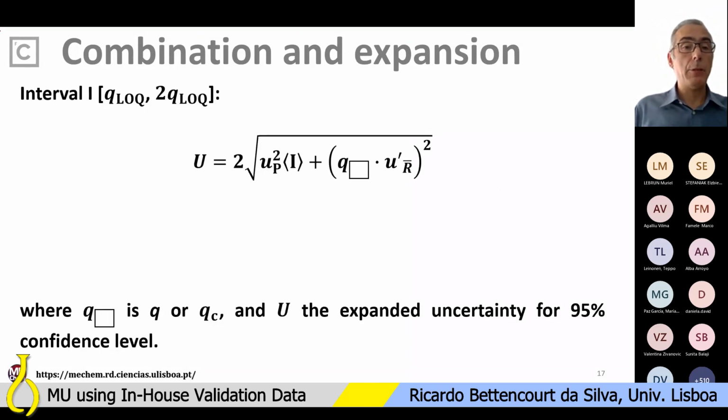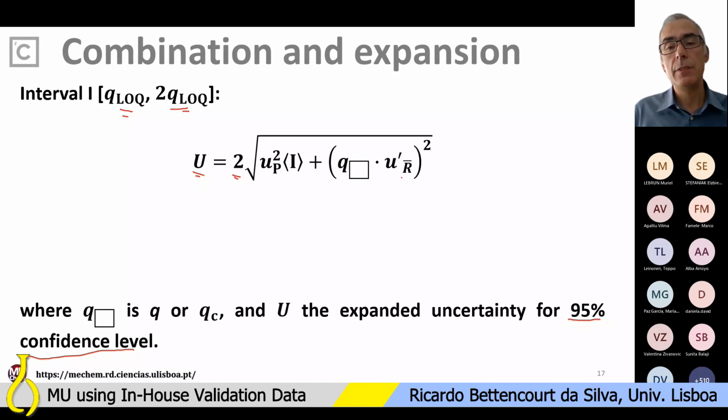For interval 1, between limit of quantification and 2 times limit of quantification, our expanded uncertainty for approximately 95% confidence level will be 2 times, this is the coverage factor usually used for this confidence level, 2 times the square root of the sum of the square of the standard uncertainty from measurement precision, plus a component, absolute, for the systematic effects for the mean recovery.